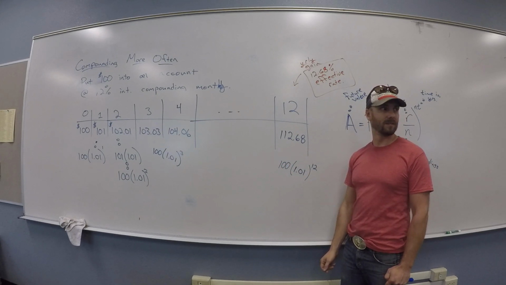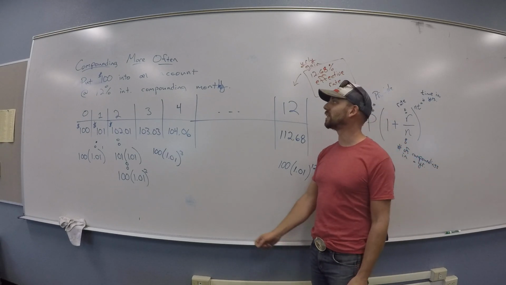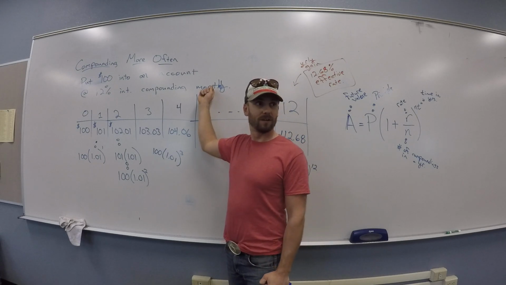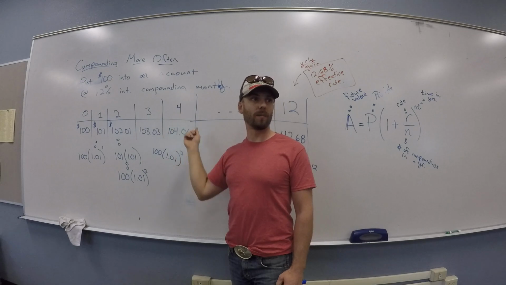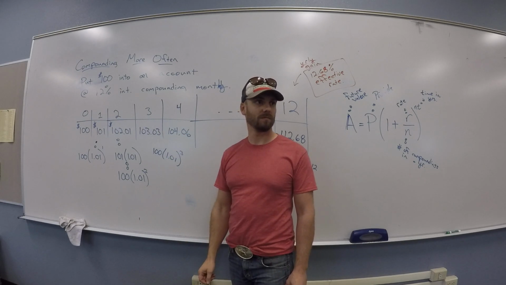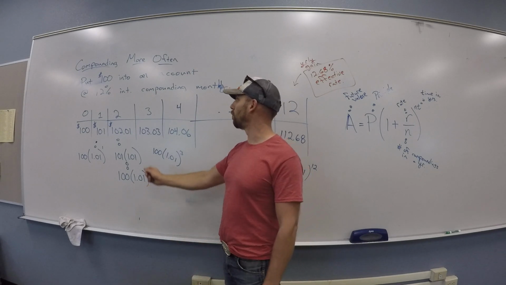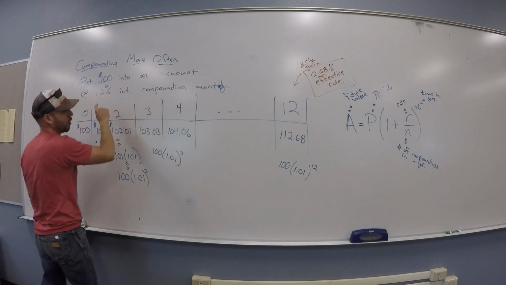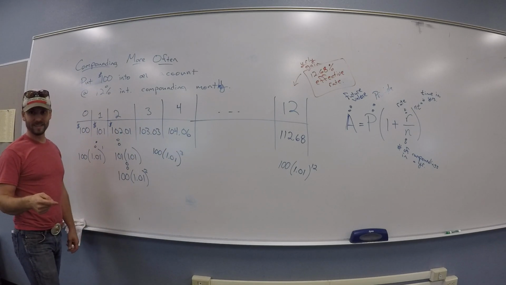Okay, so if it said compounding yearly, then this is just like the last one, and every year you'd multiply by 1.12. But it's saying monthly, so 0.12 over 12 is your monthly rate.